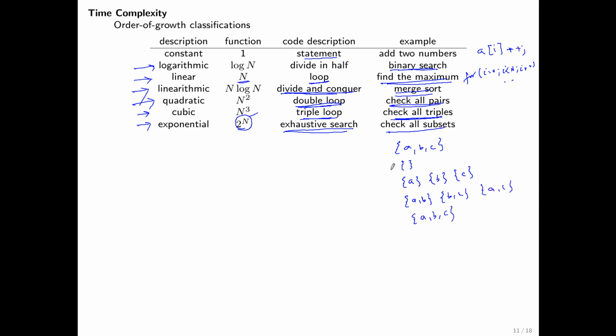The number of subsets for this set with 3 elements is basically 8. So you have 1 plus 3 is 4, plus 3 is 7, plus 1 is 8. In general, if you have a set with n elements, there are 2 to the n subsets. So if I ask you to print all the subsets of a set with n elements, you have no choice but to do an exhaustive search over 2 to the n subsets of that set. That's an example of an exponential algorithm.